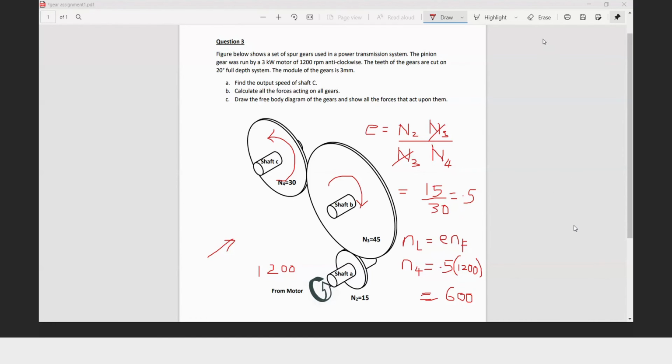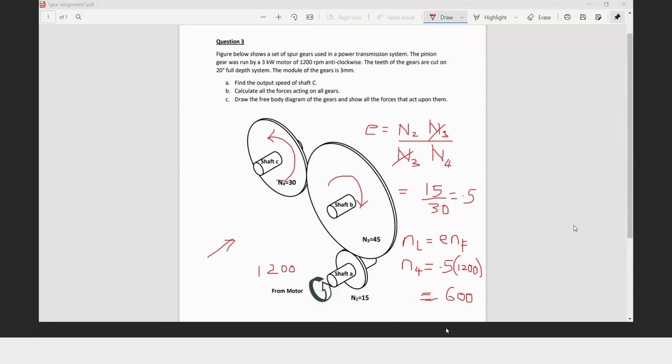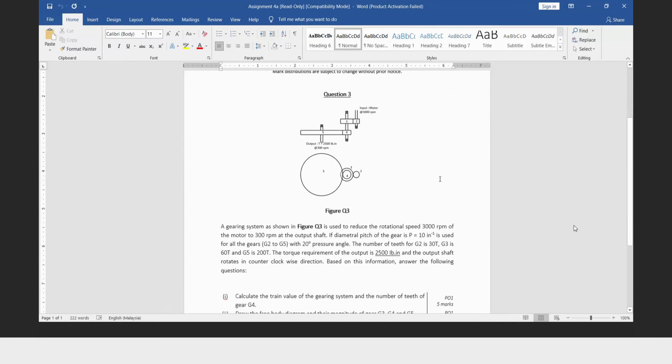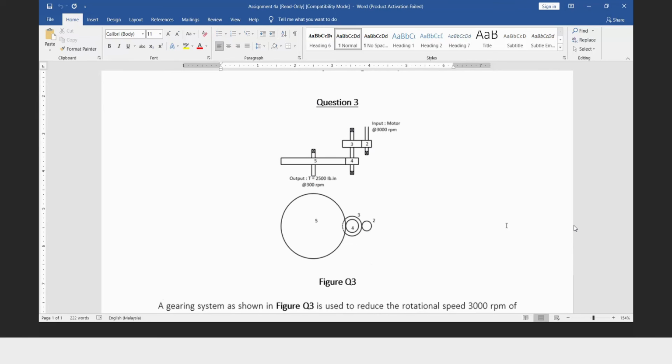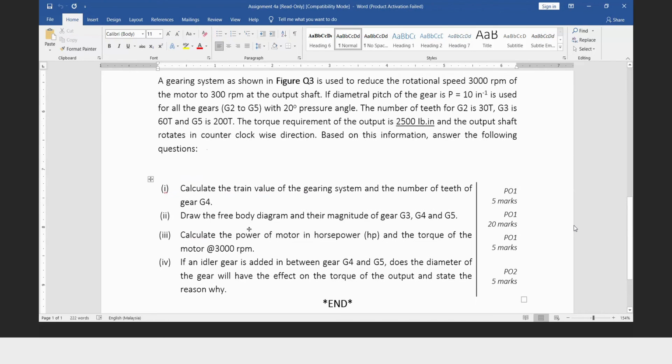What is its speed? Gear assignment 4 is in the document, guys. Okay, can you see this? Hold on. Okay, can you see? This is in your WhatsApp, gear assignment 4A. Can you see this? We only do part A because we haven't entered the gear free body diagram yet.